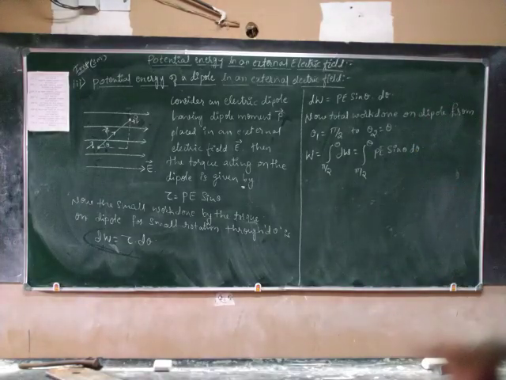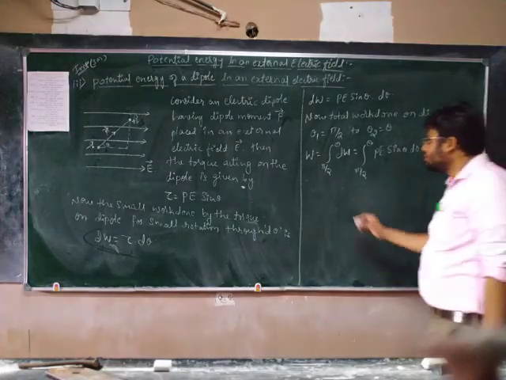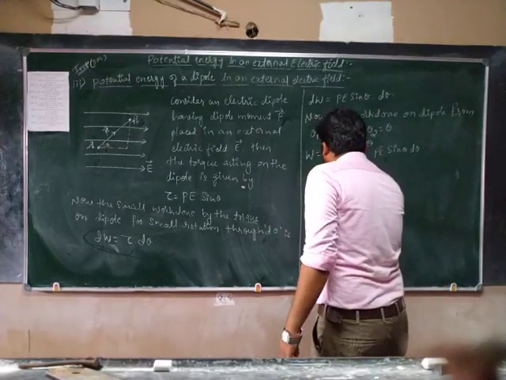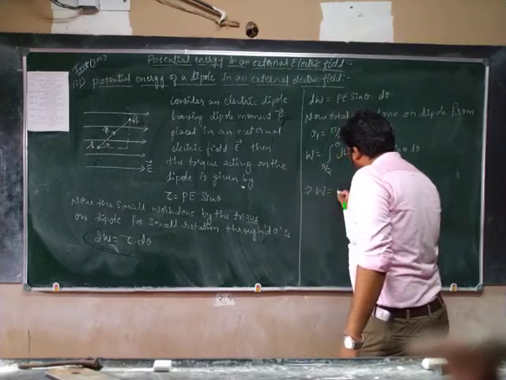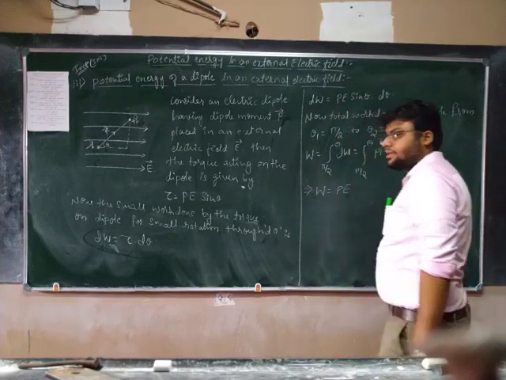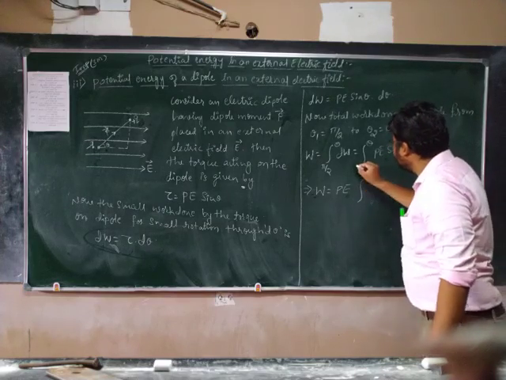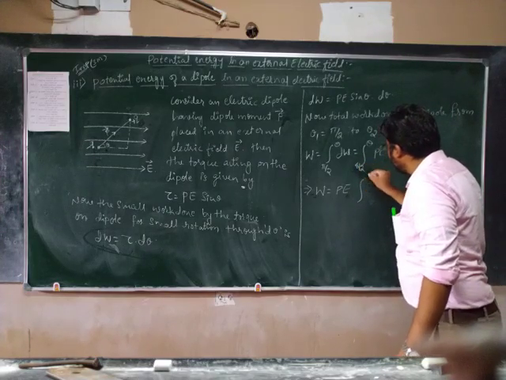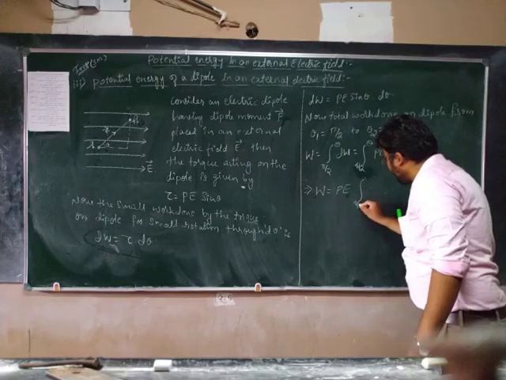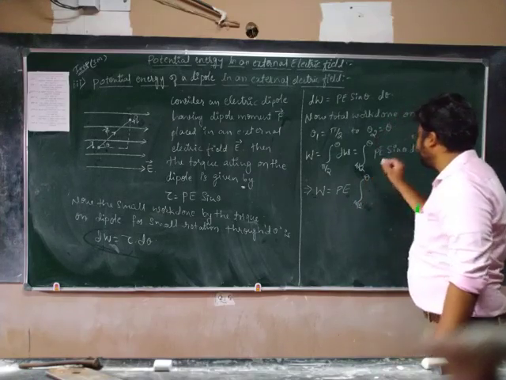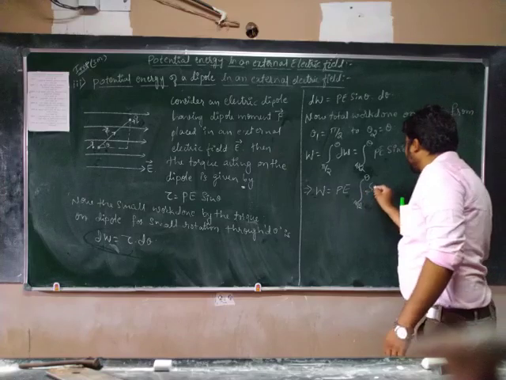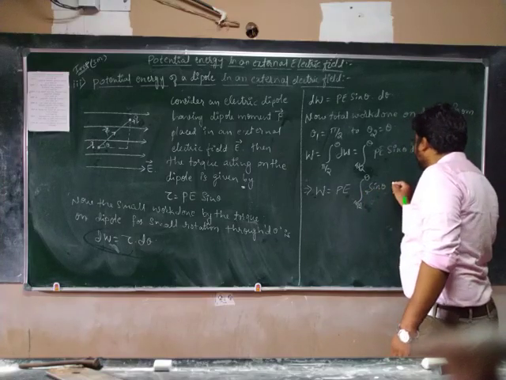So p, E are constants. Take them outside from the integration. So that implies W is equal to pE times the integration from pi by 2 to theta of sin theta d theta.